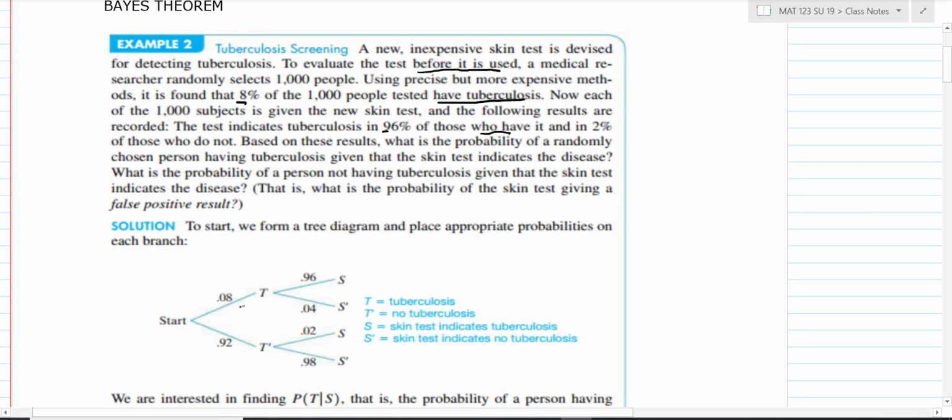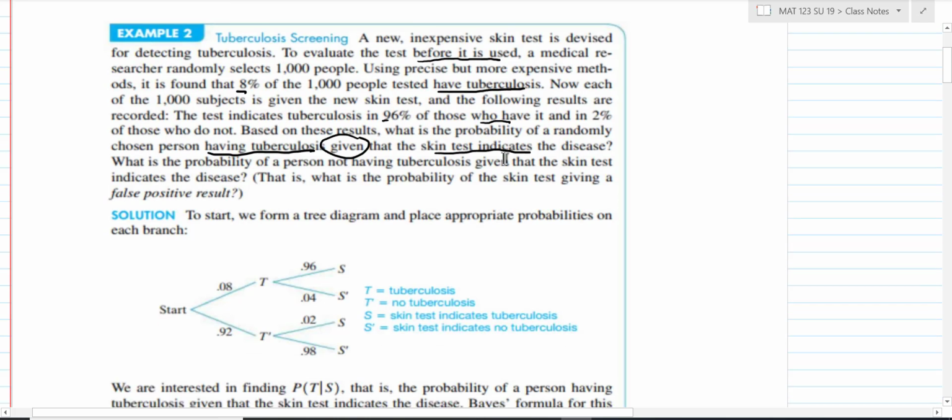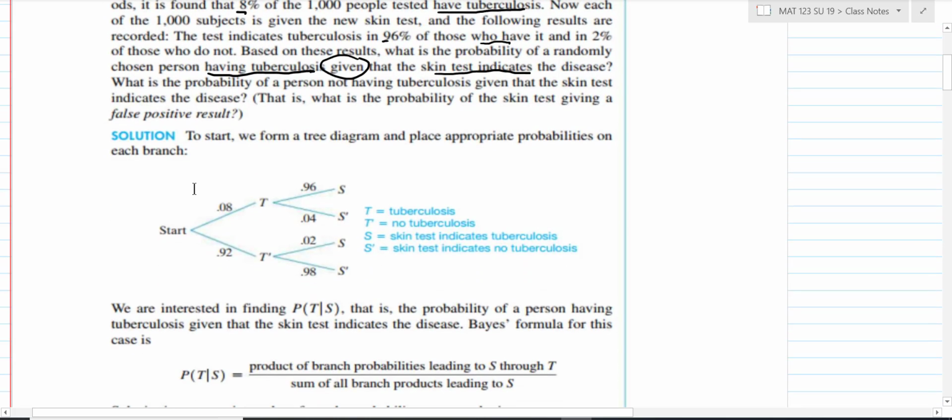Based on these results, what is the probability of a randomly chosen person having tuberculosis given that the skin test indicates the disease? Let's take a look at what we have here again. We had 8% have tuberculosis, 92% don't.